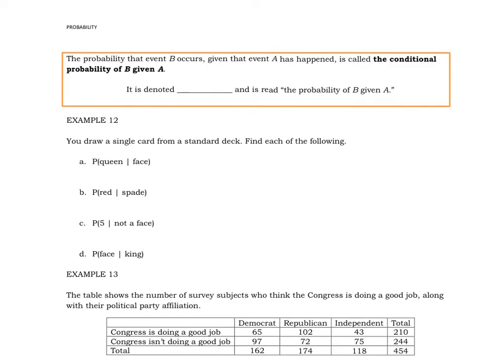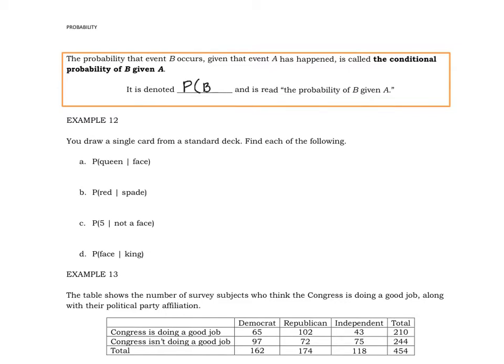Okay, probability examples 12 and 13, and we're going to talk about conditional probability a little bit more and formalize our notation. The probability that event B occurs, given that event A has happened, is called conditional probability of B given A. So we talked about this a little bit earlier on the previous video.